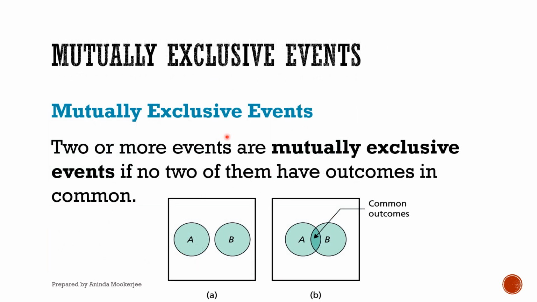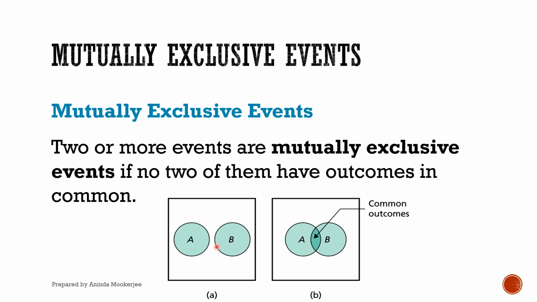Another terminology that we must know is called mutually exclusive events. Mutually exclusive events mean either event 1 can occur or event 2 can occur, but they cannot occur together. Two events or more than two events cannot occur together. They are mutually exclusive. Two or more events are mutually exclusive if no two of them have outcomes in common.